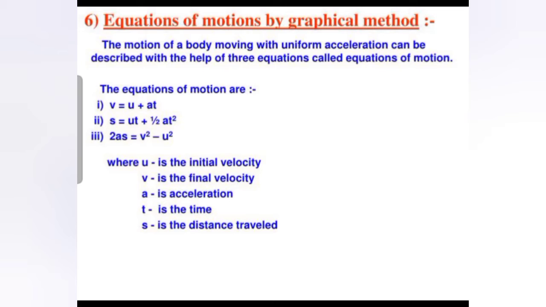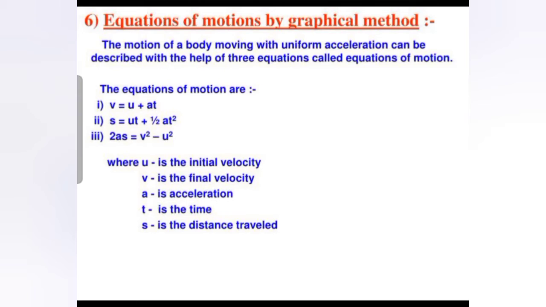Here u is the initial velocity, v is the final velocity and s is the distance travelled by the object in time t. The equations relate velocity and time, position and time, and position and velocity.